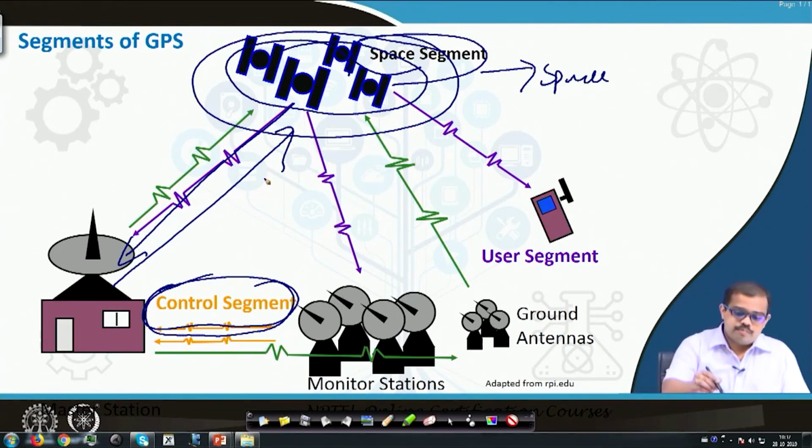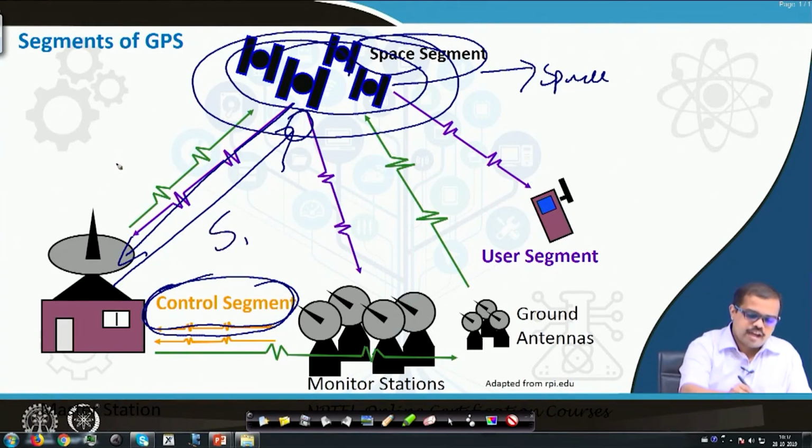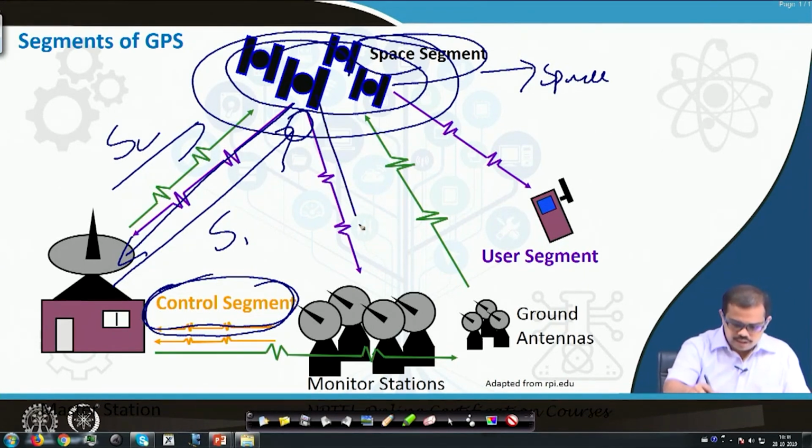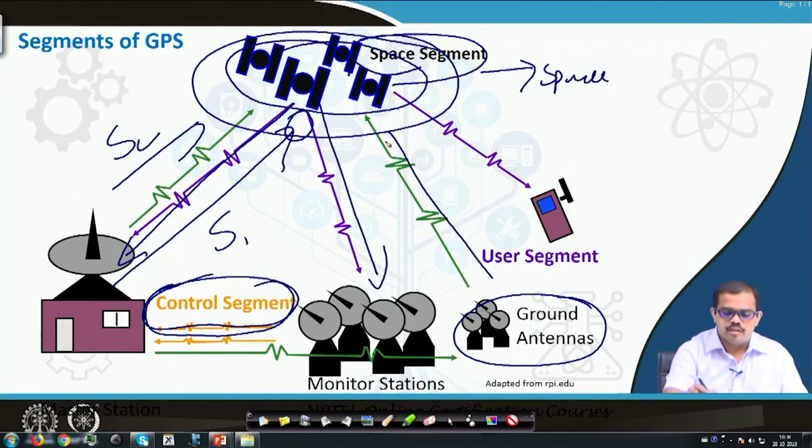Let us say the signal that is corrected is S and the sent back signal is SC. Now this SC signal is then transmitted to the monitoring stations. Many times ground antennas also provide an input in terms of corrections for the space segment.